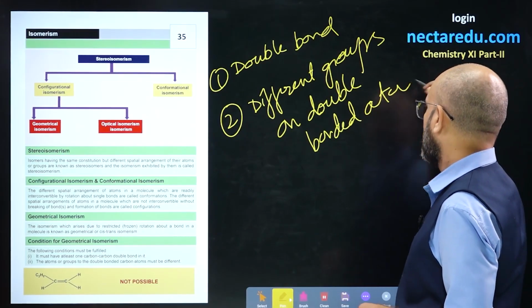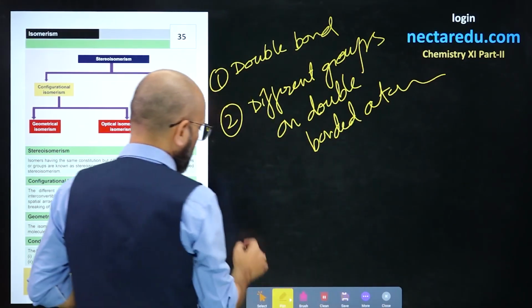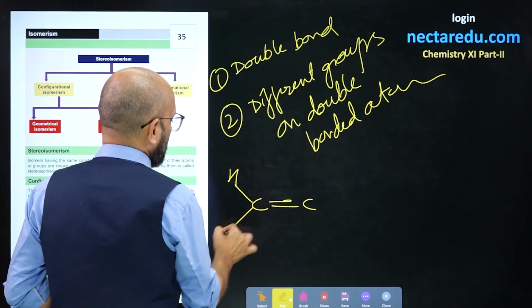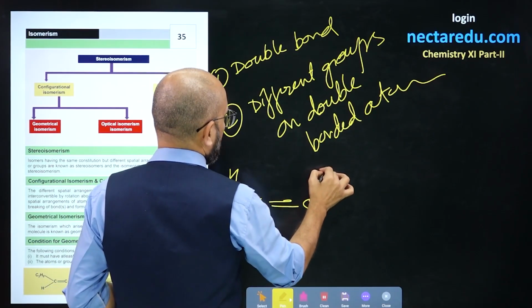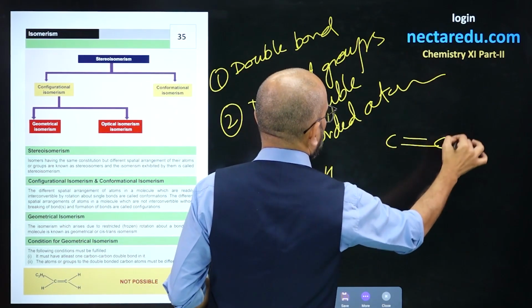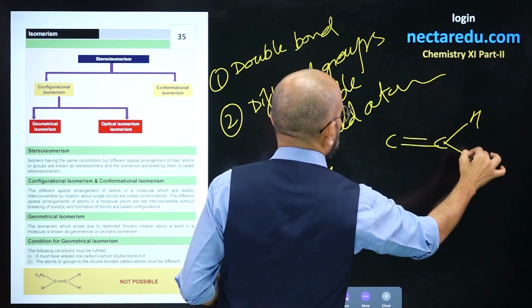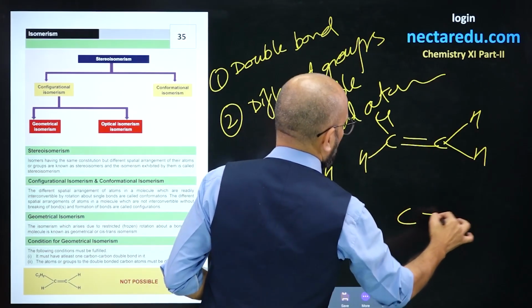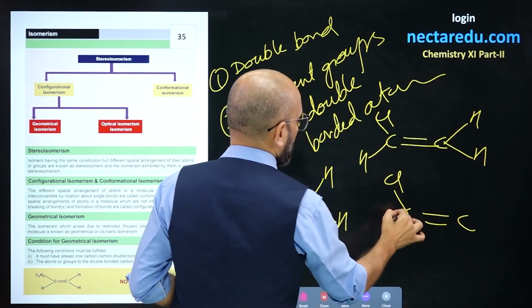For example, if I give you three examples, I have C double bond C, this one, another compound, this one, and another compound, this one.